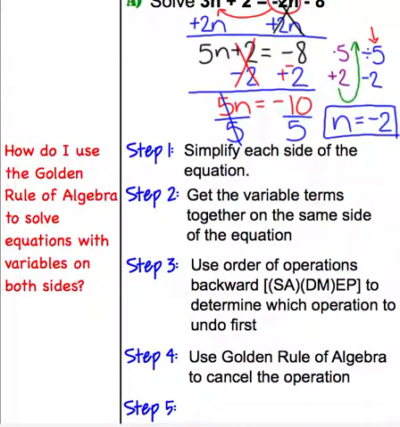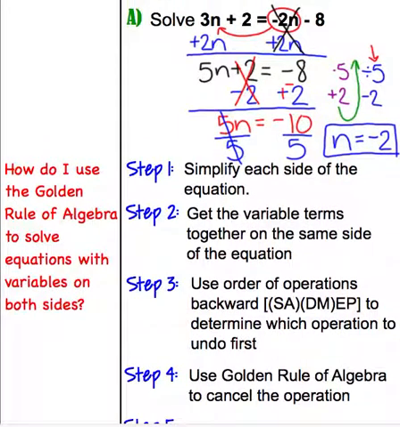So if I go back up to the top and I put my value in for the n here as well as here, I check both sides, and my equation ends up being correct.